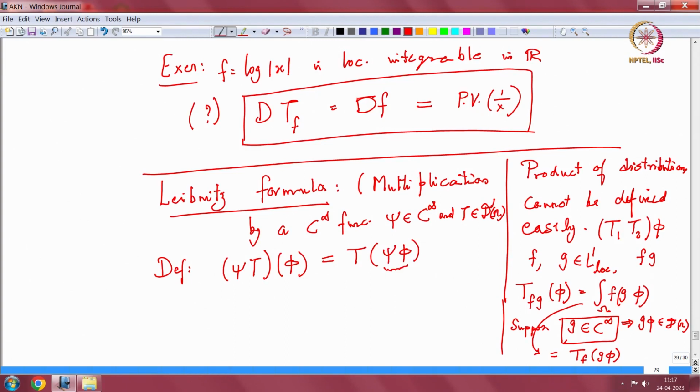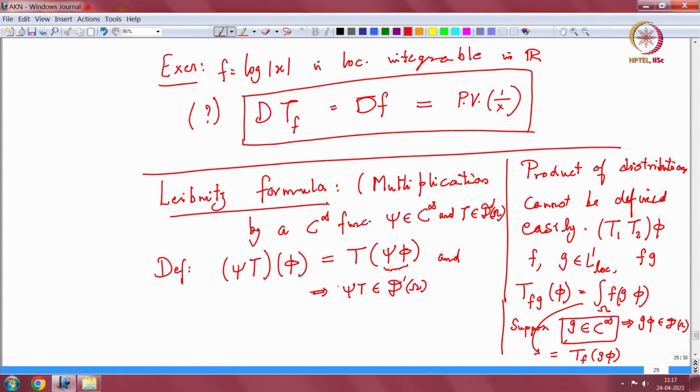The continuity and linearity follow from the continuity and linearity of T, since psi is fixed. So psi T is in D prime of omega.